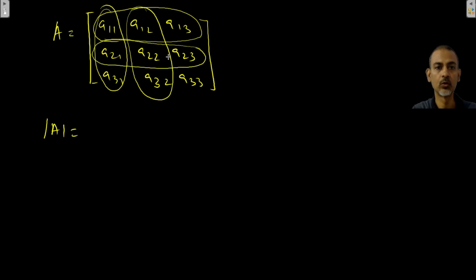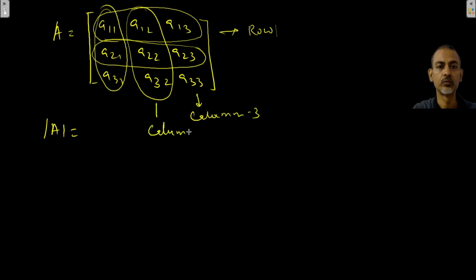I can do it for any of these, but we have to remember that expansion should happen only once. So either expansion should happen along row 1, or along column 3, or along column 2.